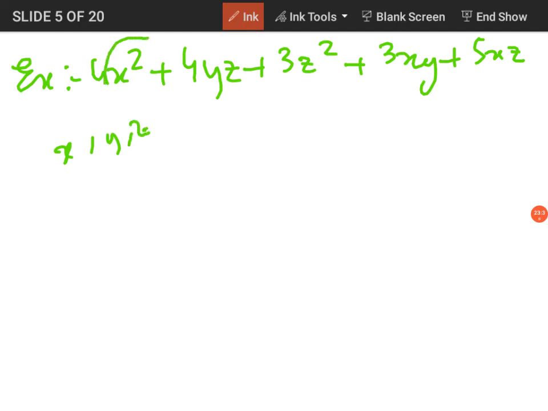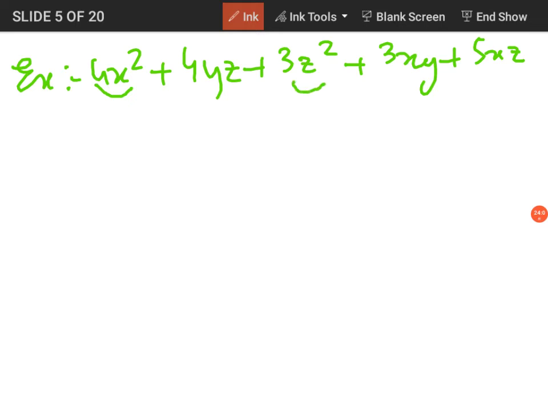Now we see that, first of all, the highest power of this polynomial is 2. That is, we can define that the degree of this polynomial is 2. Also check the coefficient, right? So since the degree is 2, now look at x, it has power 2, okay, then z has also 2 as a power.